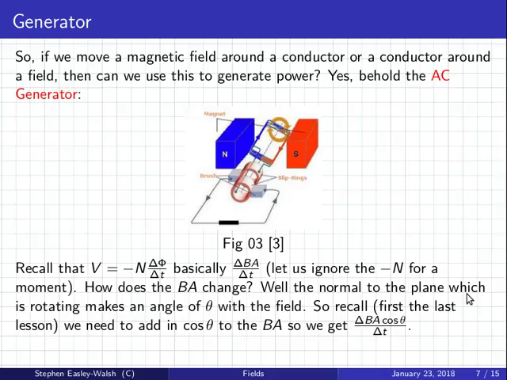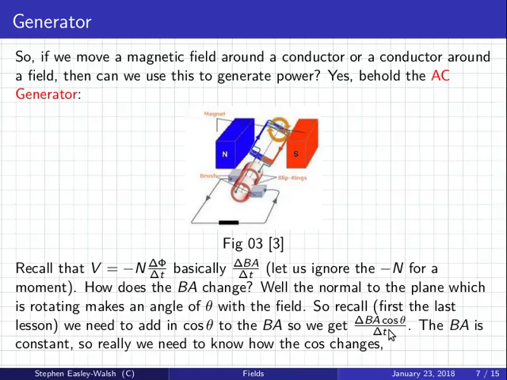Now we have this formula, BA cos theta, instead of BA. But how does BA cos theta change? This is like me asking you what's the derivative of cos. Sine. The BA is constant, so how does the cos change? Well, that's sine from maths class.